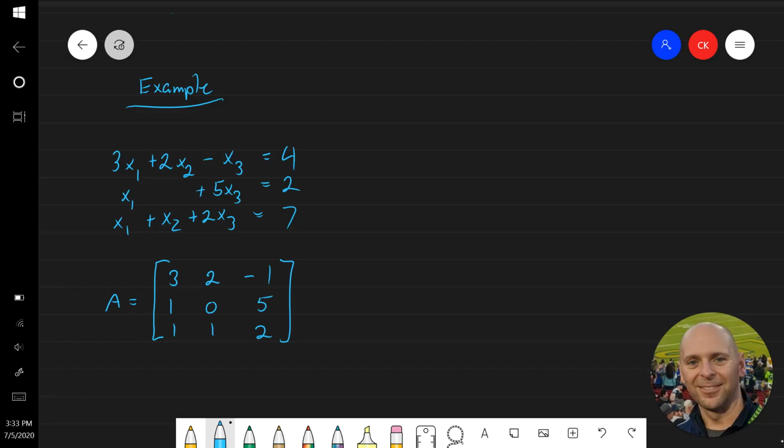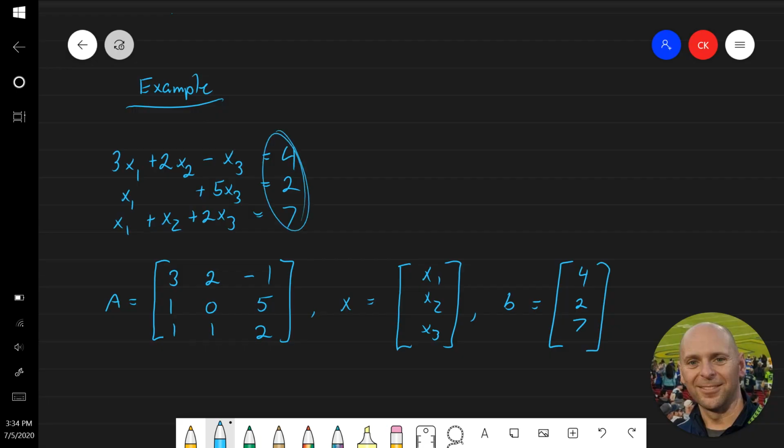I'll have another matrix X, which is going to be a column matrix, x1, x2, x3, that represents the three variables, three unknowns. And we'll also have a matrix B that is going to be equal to a column matrix 4, 2, 7. And that's representing the numbers on the right-hand side of our system over here, 4, 2, 7.